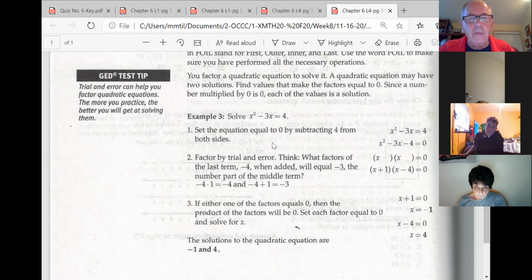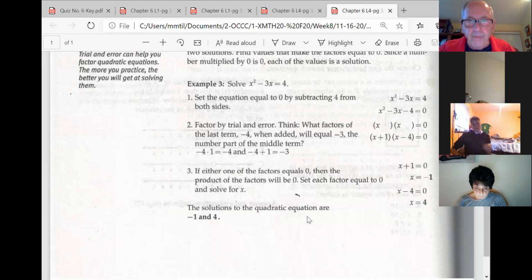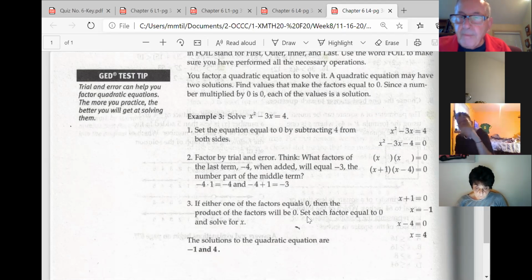You always put it in terms of equal to 0, and that's what they've done here. We'll go through a couple of them, so that it always equals 0. Yeah, exactly. Okay. Because what you're doing, you're figuring out when y is equal to 0, where does it cross that x-axis? That's why it's equal to 0. Okay.